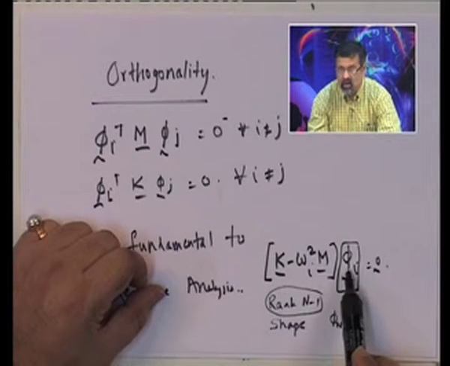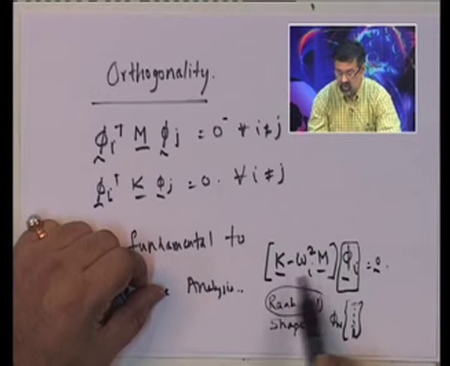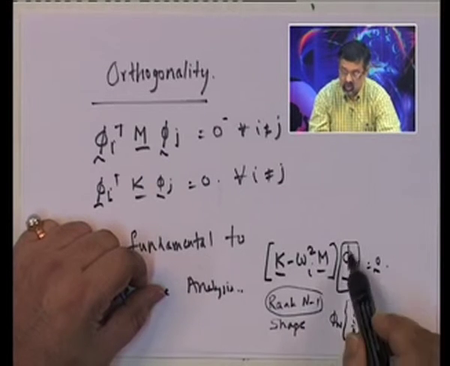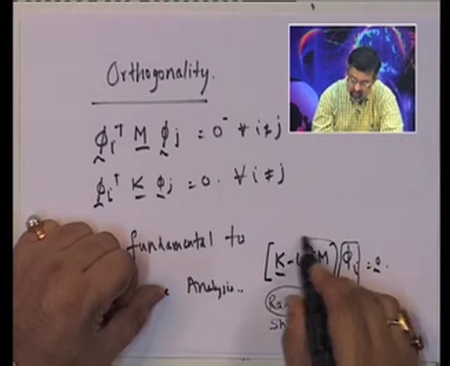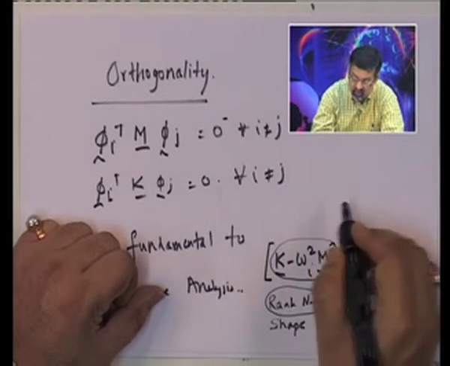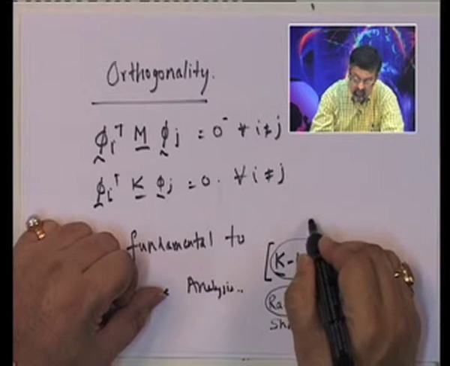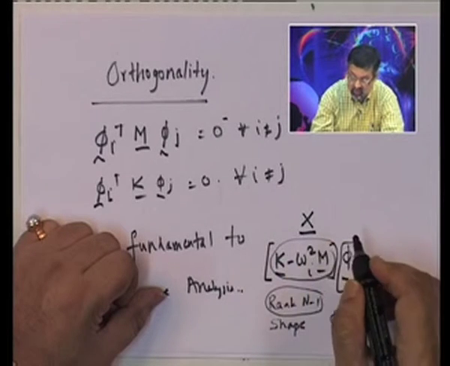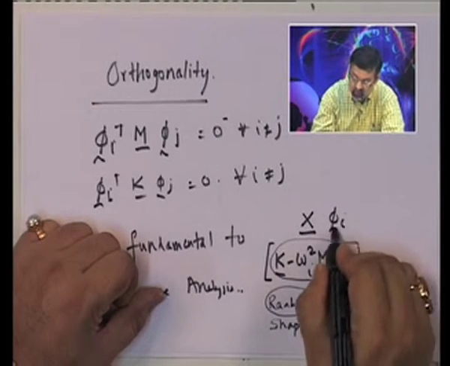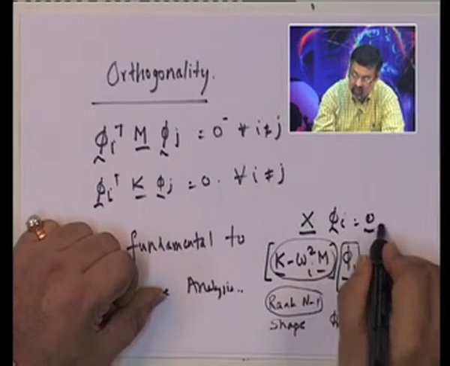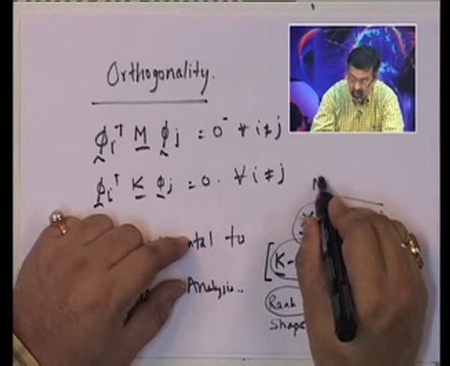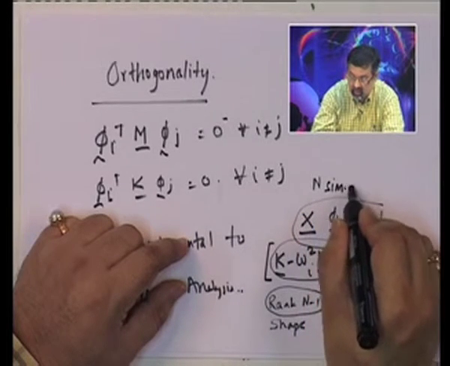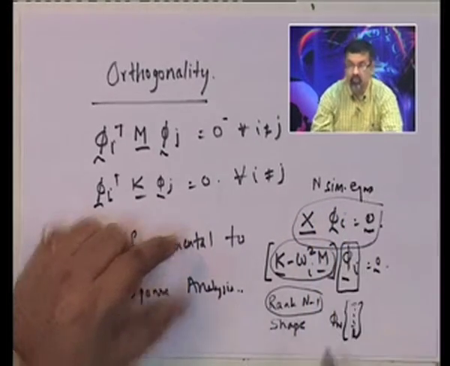You see, you have n equations here, right? There are n equations to solve for phi i, okay? Because this is a matrix. This becomes a matrix, an X matrix. So, X into phi i is equal to 0 essentially represents n simultaneous equations. Okay?